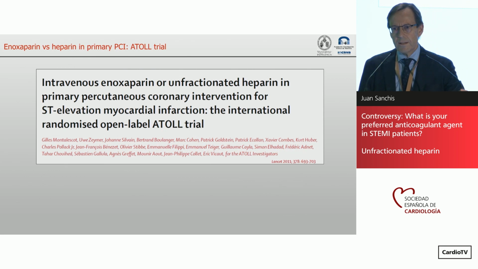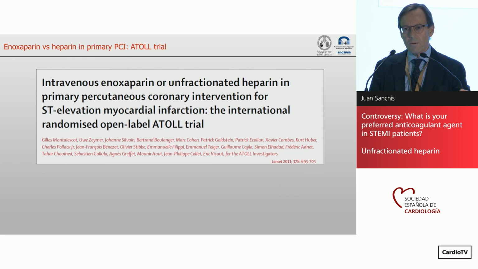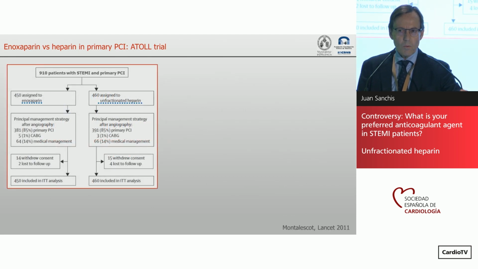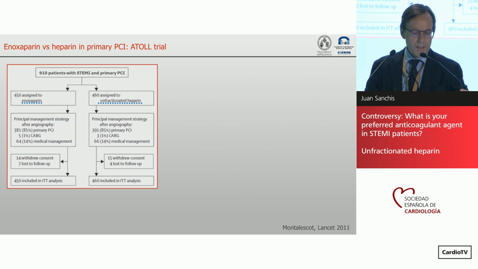The ATOLL trial is the most important trial comparing enoxaparin and heparin in primary PCI. Around 1,000 patients with STEMI and indication of primary PCI were randomized to enoxaparin or heparin during the procedure.